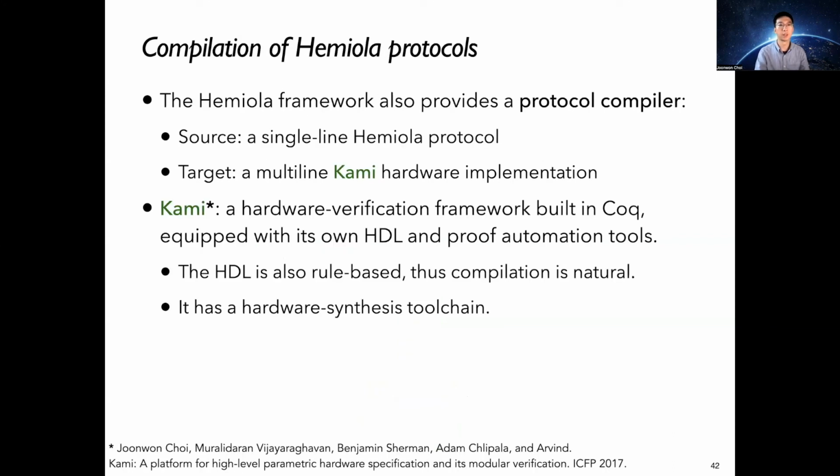Every protocol designed in Hemiola can be compiled to the corresponding Kami hardware implementation. Kami is a hardware verification framework built in Coq, equipped with its own HDL and proof automation tools. The HDL is also rule-based, thus compilation is natural. The framework has a hardware synthesis toolchain, so we can put a Hemiola protocol to FPGA.